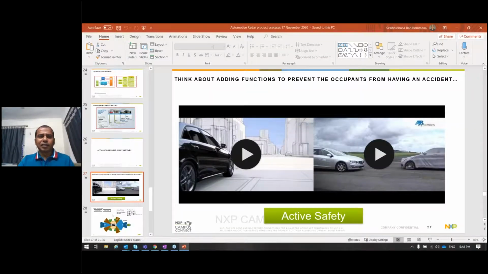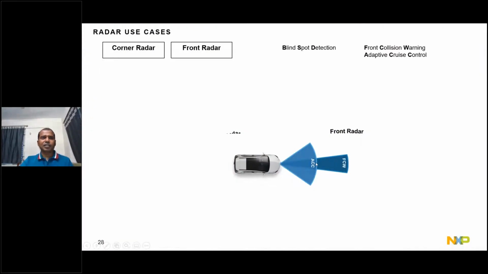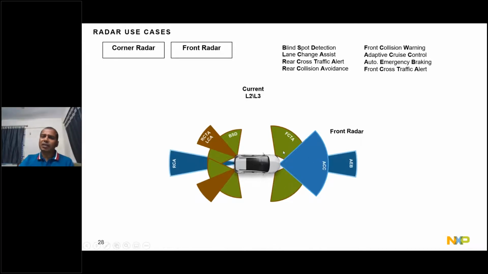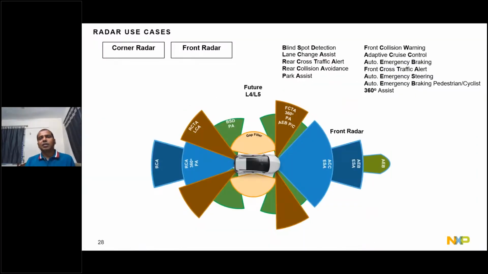All right. So let's move on to the next slides here. As we have seen so far in the past few slides, these are the various places we can use the radar technology.